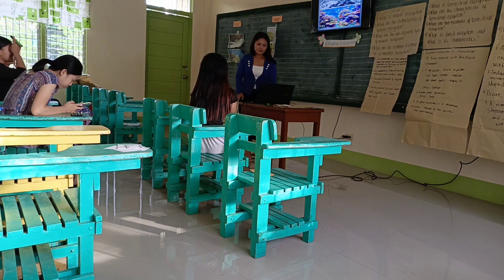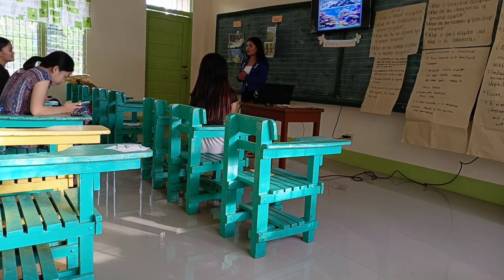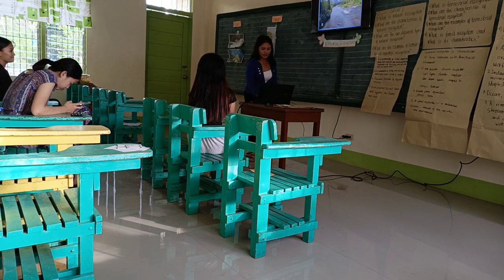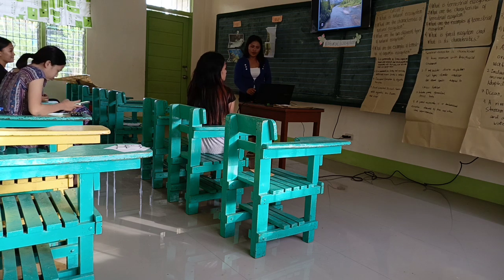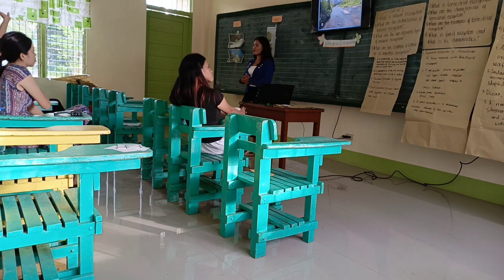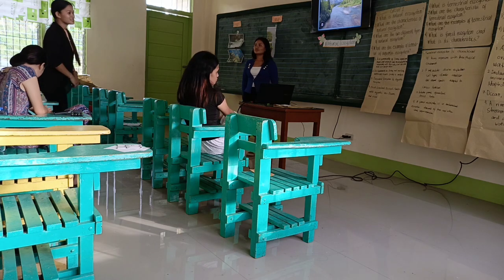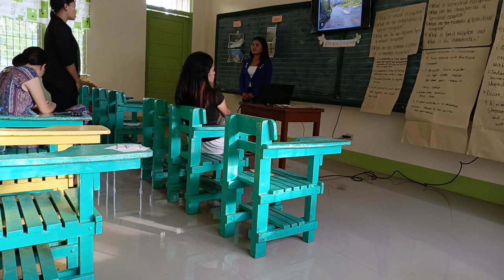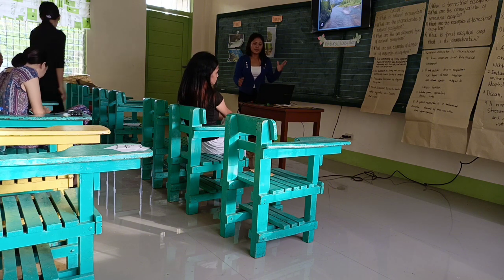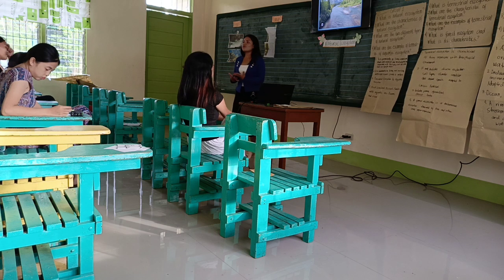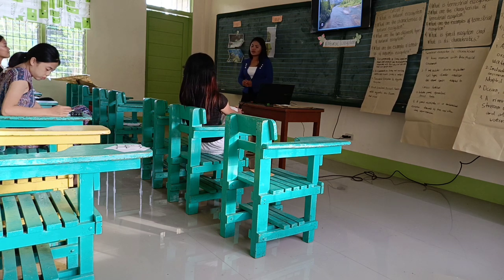So now class, I have here an example of the freshwater ecosystem, which is river. So what is river? Okay, Parentos? A river is a large natural stream of flowing water and also a continuous flow of water. Okay. River, it is a natural flowing of water.